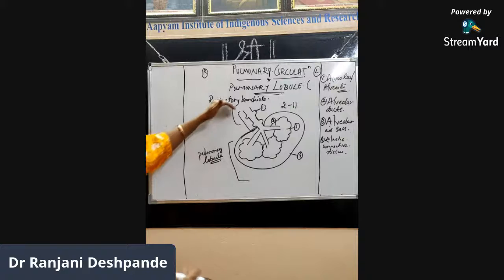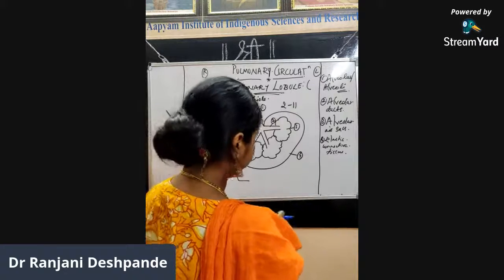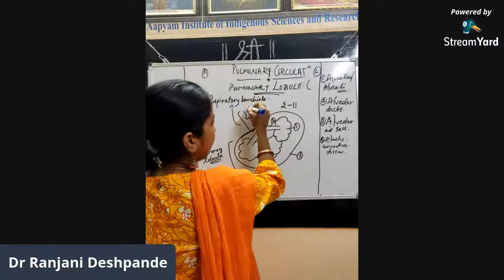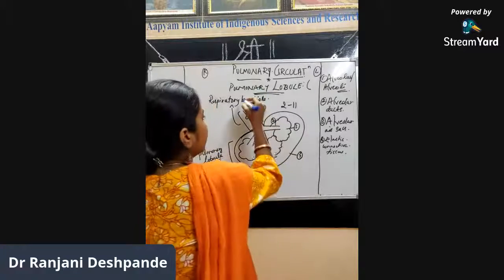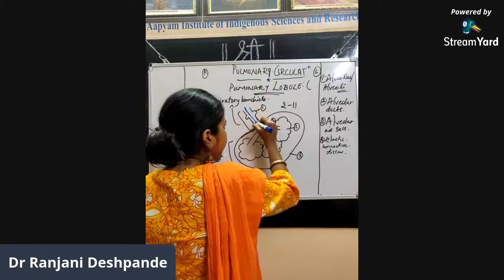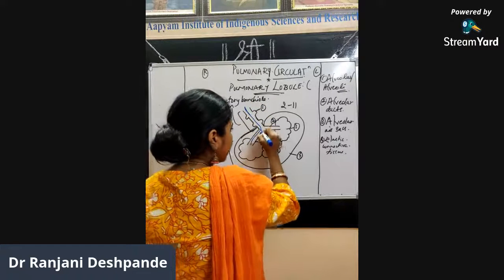Now next, what are we going to see? This is the structure we have seen, and lastly we had stopped with the intralobular artery, right? So here, the continuation of the intralobular artery will follow the air passage as such.